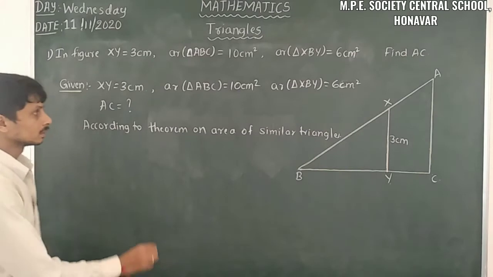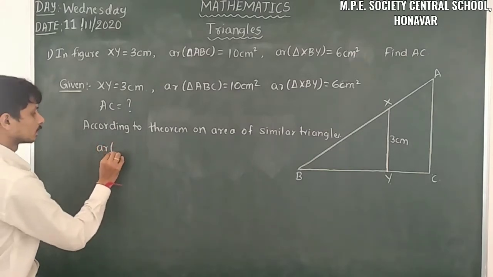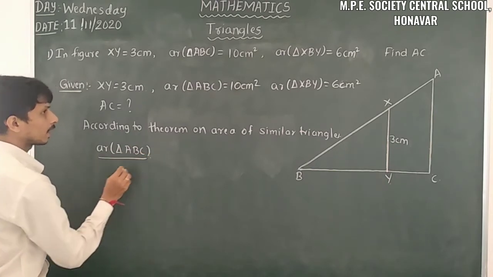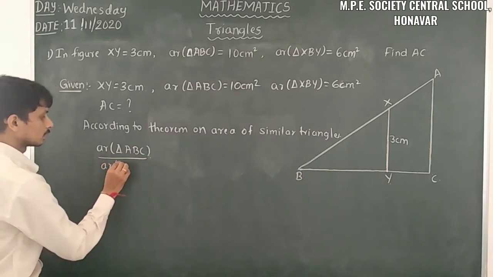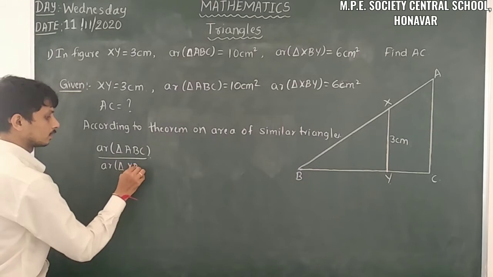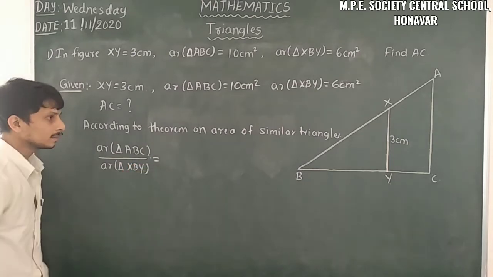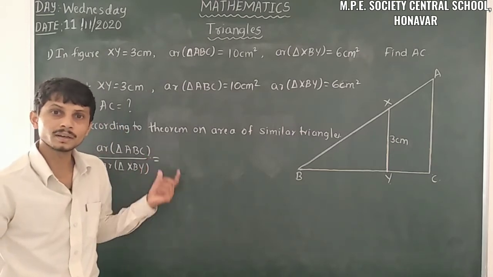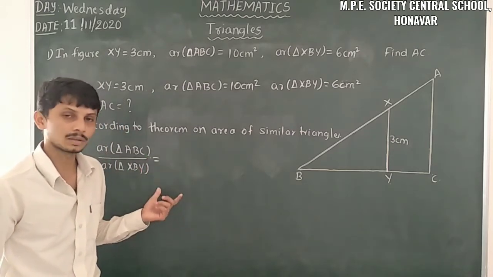What we have here is area of triangle ABC divided by area of triangle XBY. And here is the confusion: what do we take in the numerator and what do we take in the denominator?